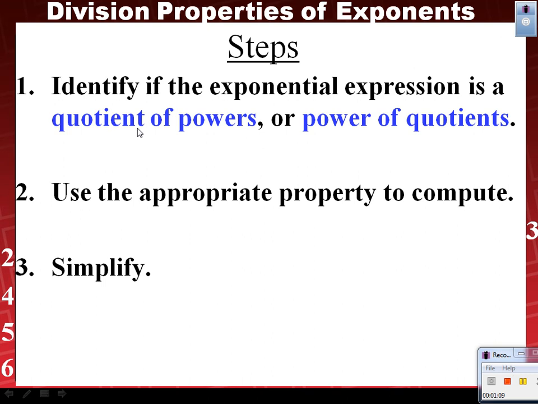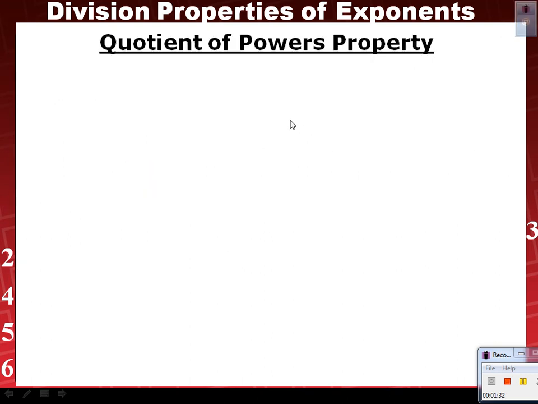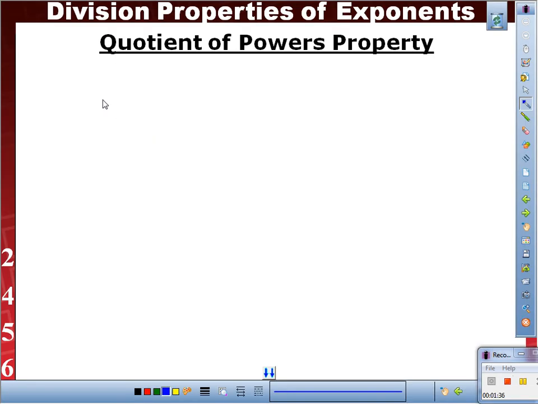So yesterday we covered quotient of powers property. Today we're covering power of quotients. So let me give a quick review on quotient of powers. Remember that we started with, I think I did 3 to the 6th and 3 to the 4th. Remember that?